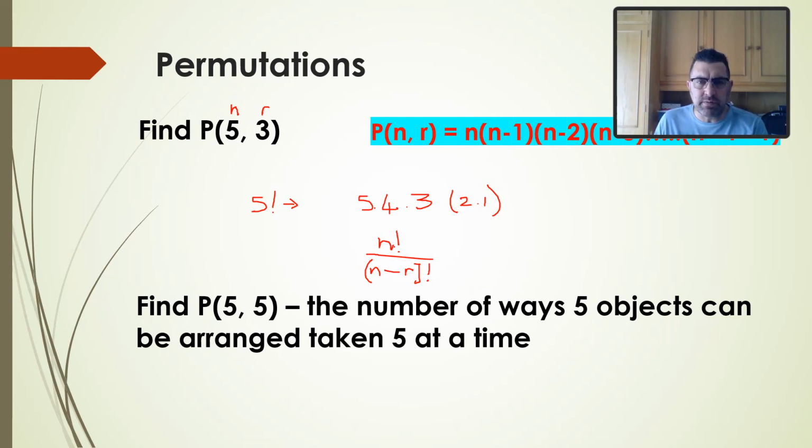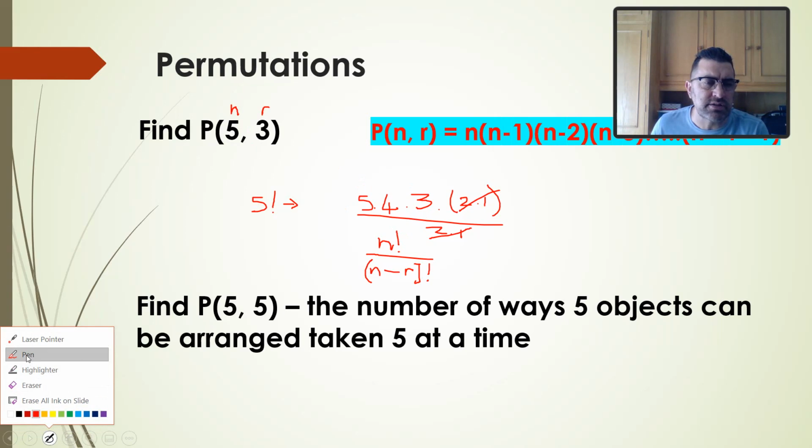So that would mean it's 5 times 4 times 3 times 2 times 1. N minus R is 2, so you divide by 2 times 1. That and that take care of each other. So it's 5 times 4 times 3 that remains.